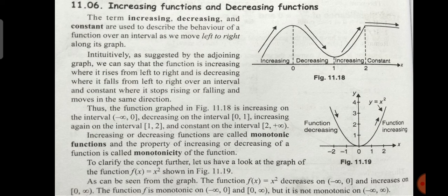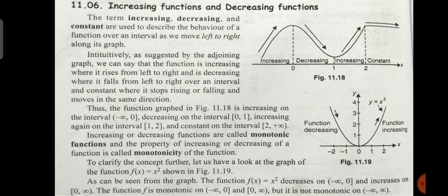Look at that graph. f of x is equal to x square decreases on the interval minus infinity to 0. Is it right? Yes, because it has negative values. From minus infinity to 0 the graph is decreasing, and at 0, 0 the point is constant, which we have not taken. And then 0 to infinity, yes, it is increasing, so closed 0, open infinity.